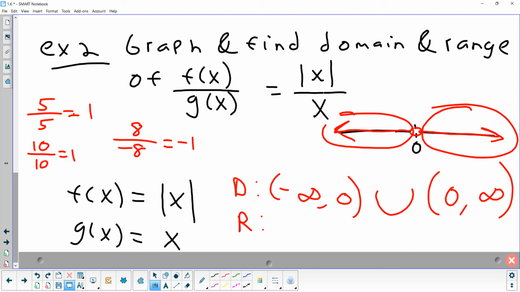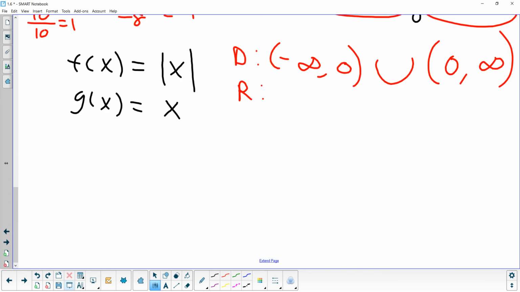So this range is very specific. It only gives you 2 numbers. I don't care what you plug in for x. No matter what you plug in, the answer is always going to be 1 or negative 1. Those are the only 2 answers you'll ever get. So for the range, that's what we can write.